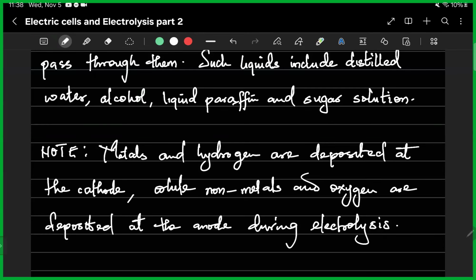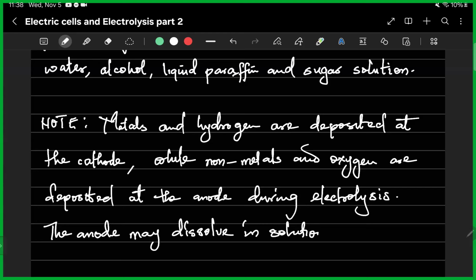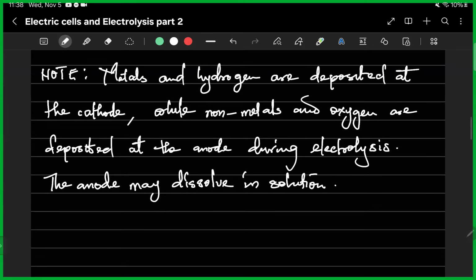So please take note of this statement. Metals and hydrogen are deposited at the cathode, while non-metals and oxygen are deposited at the anode during electrolysis. So the anode may dissolve in solution. Take note of that fact too.